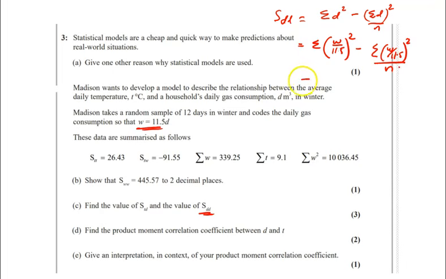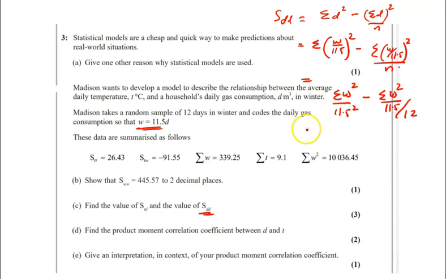Now when you sum up, you are going to end up with the summation of W squared over 11.5 squared, minus the summation of W, all squared, over 11.5 squared, but all of it over 12.